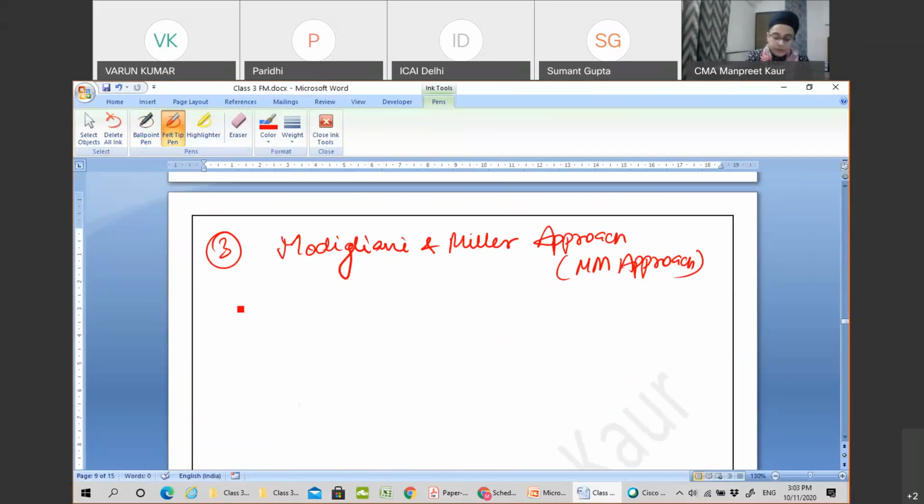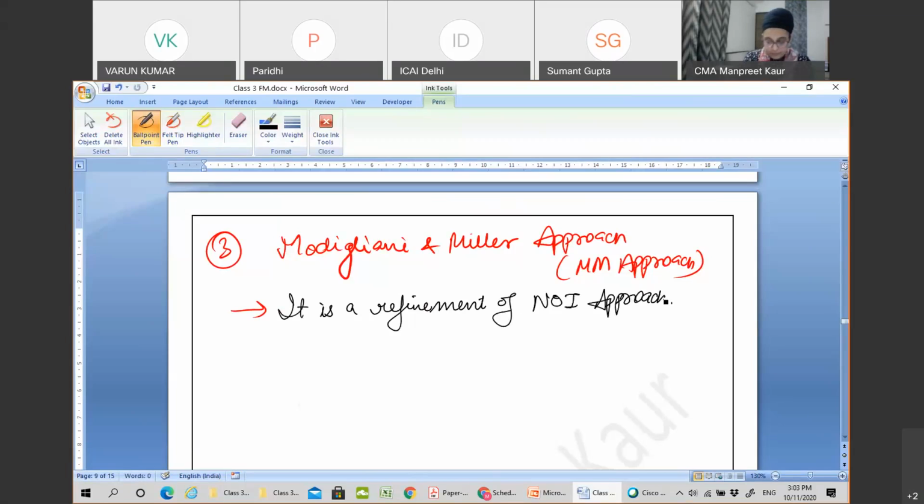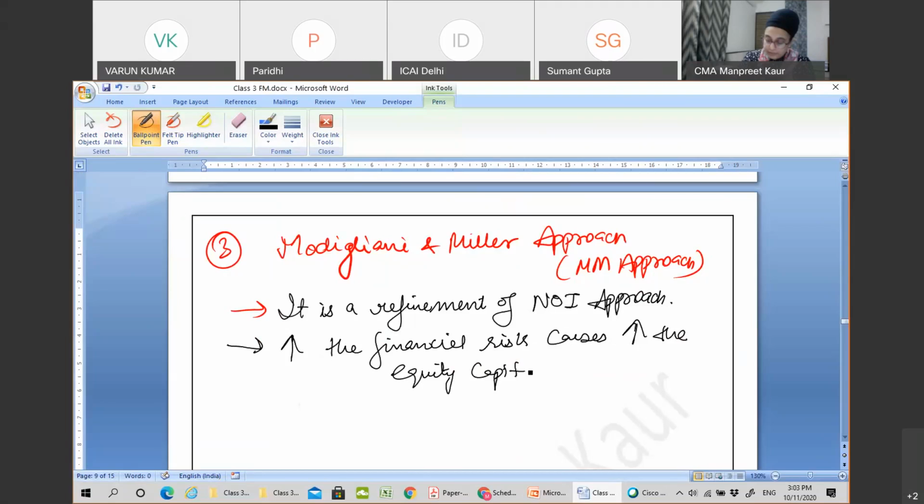In this, we can say it is a refinement of the NOI approach. The higher the financial risk, the higher the equity capitalization rate.